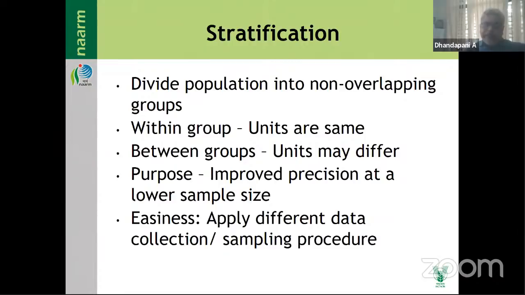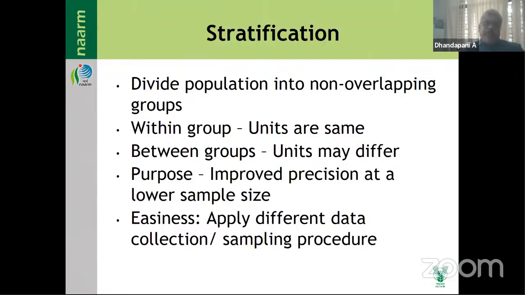Now, in any sampling method, the most important objective is that we need an improved precision at a lower sample size. So we try all kinds of means, not only in selection but also in estimation, so that our sampling scheme and the estimator provide an estimate at a lesser sample size but at an improved precision.